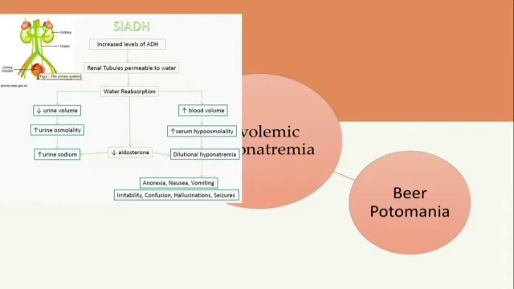The decreased RAAS activity causes decreased aldosterone, meaning there would be lesser sodium reabsorption, and this would lead to natriuresis, or increased secretion of sodium.